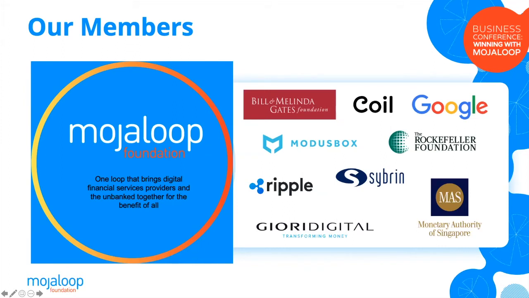We need external governance to ensure that we remain focused on our mission. We need the technical governance oversight to ensure that the product roadmap doesn't waver from our mission. But we also need financial support. So all of these individual companies that you see listed on the slide have paid membership dues to help support our operation and staff.